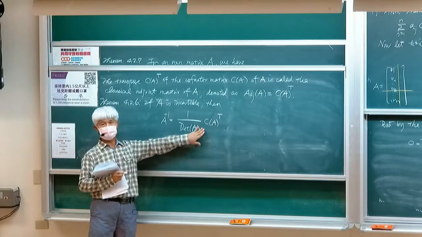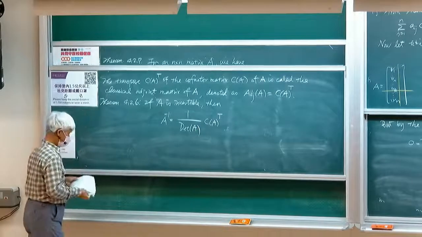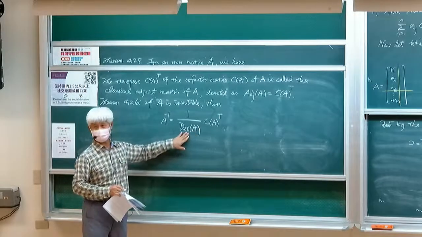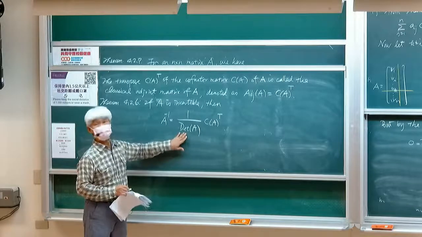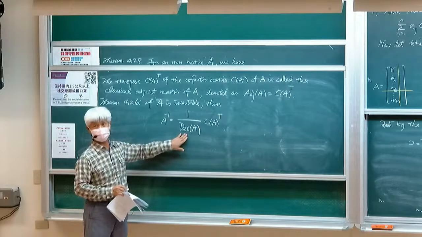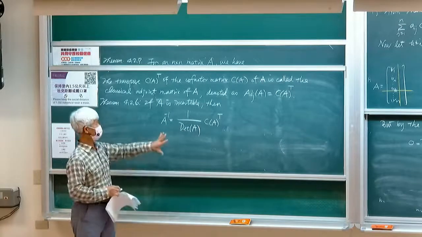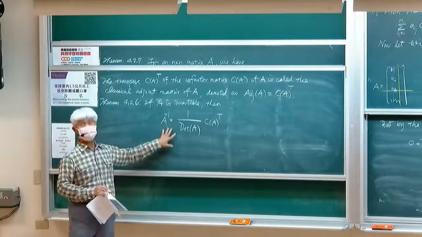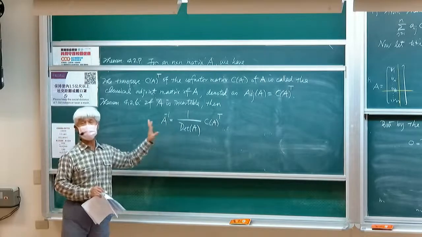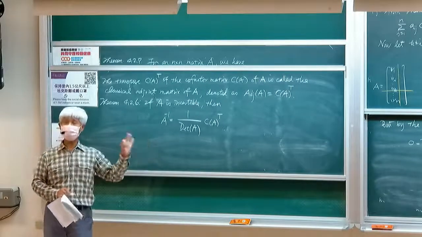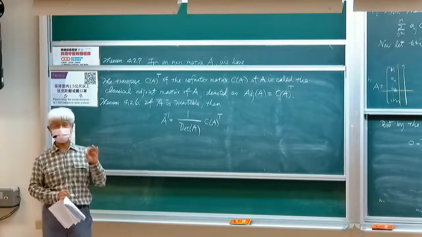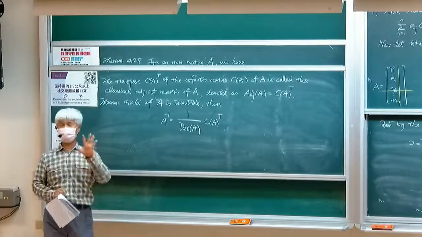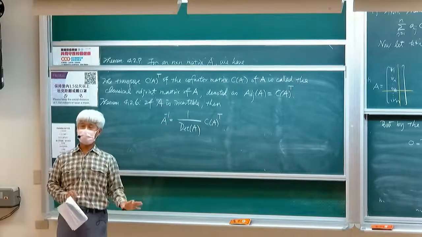Of course, you have to know how to find the determinant of A, but this is not an easy job. At the end of the 19th century, people found this formula and were so excited, but it has theoretical value, not computational value, because computing the inverse using the determinant function is a huge task.